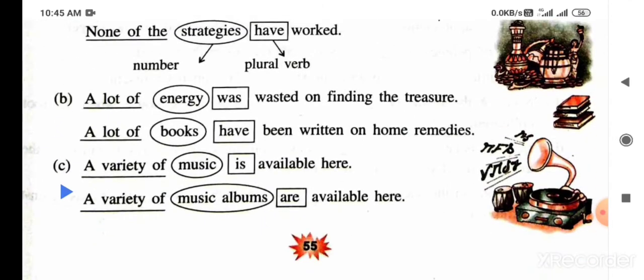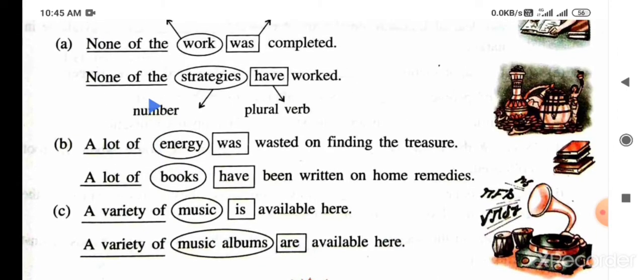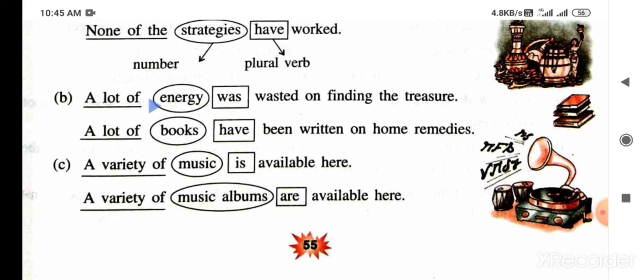Very simple. Similarly, a lot of energy was wasted on finding the treasure. Now a lot of books have been written on home remedies. तो बुक्स यहाँ नंबर शो कर रहा है, इसलिए यहाँ हैव लगा. यहाँ क्वांटिटी या अमाउंट शो कर रहा है, तो इसलिए यहाँ पे सिंगुलर वर्ब का इस्तेमाल हुआ.